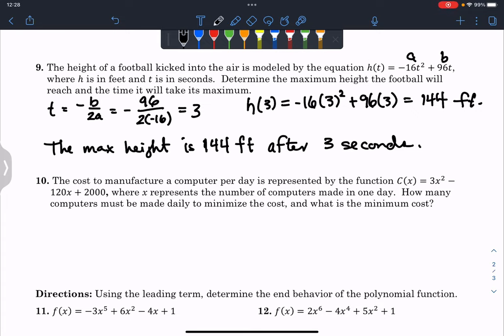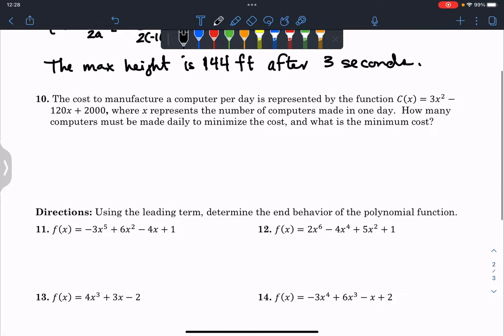Now, number 10 does something similar, but this one is asking us to determine the minimum cost: how many computers must be made daily to minimize the cost, and what is that minimum cost. So we'll start by first determining the number of computers that have to be made on a daily basis. So x is equal to, on your assignment, double check again that this is a minus and not a plus. I think there might have been a mistake, and there was a plus sign instead of a minus sign there.